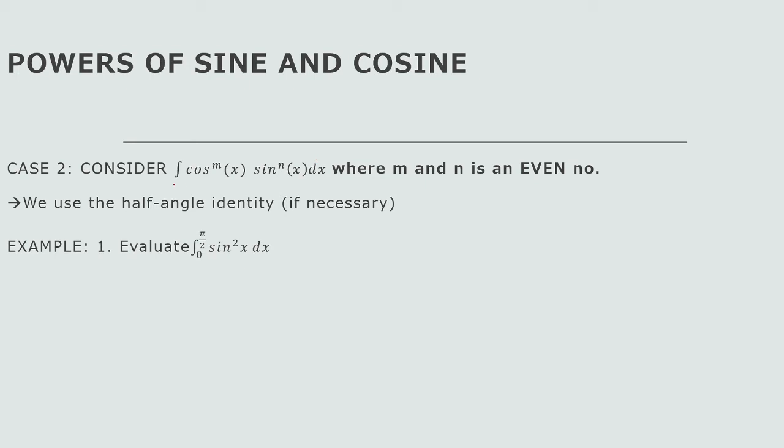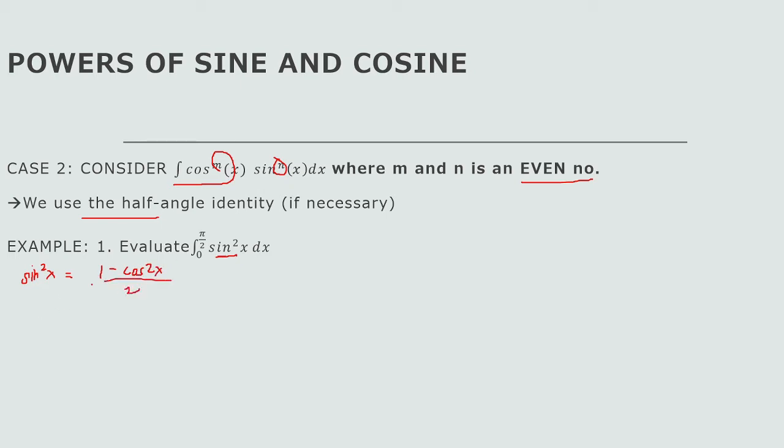its condition. So if both m and n are even numbers, then we are going to use the half angle identity if necessary. So for this example, sine squared x dx, remember that the half angle identity of sine squared x is just 1 minus cosine 2x all over 2, right?